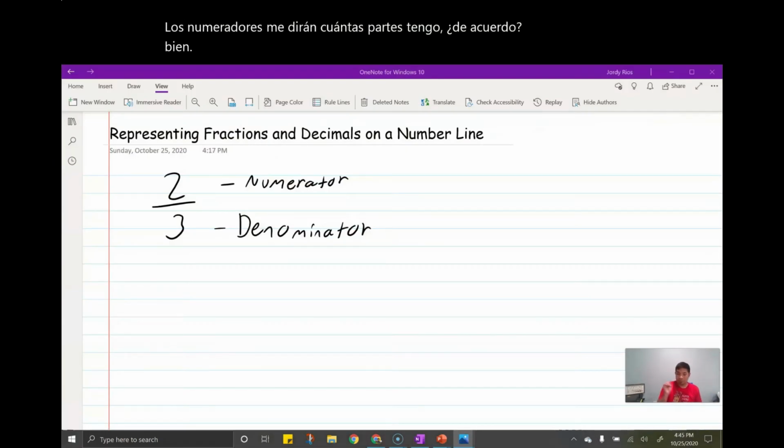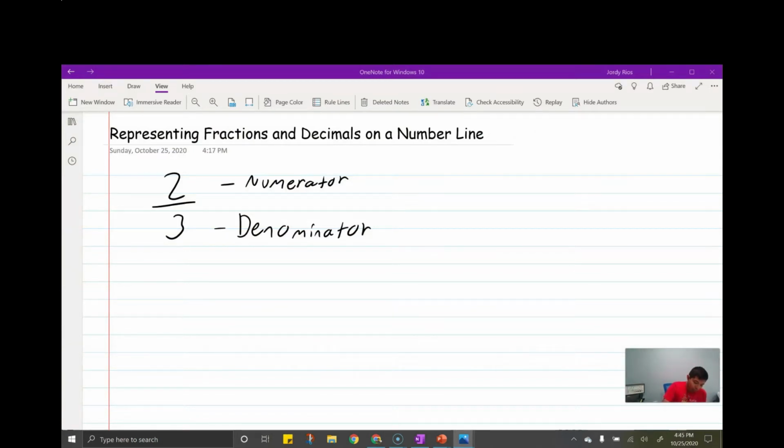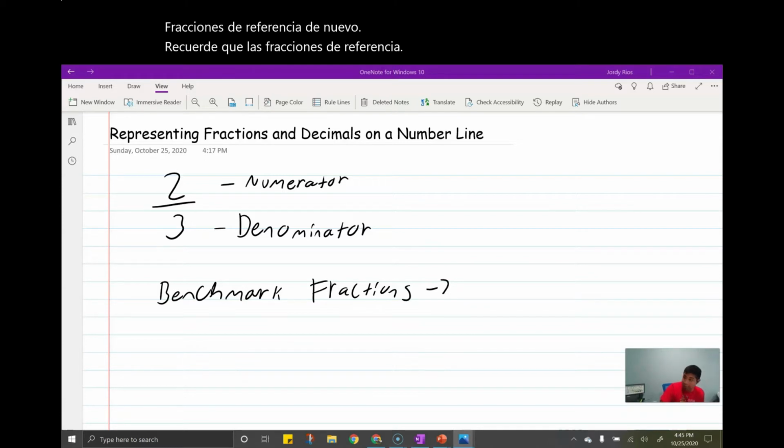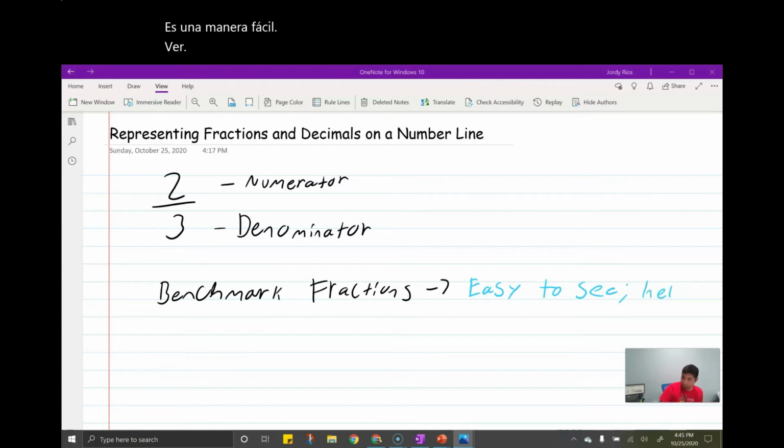So let's continue. All right, so what we're also doing is benchmark fractions, okay? Remember that benchmark fractions is just an easy way to see, which helps you to estimate parts.